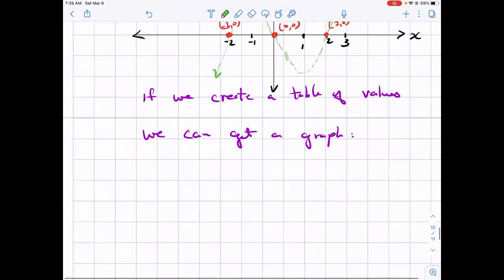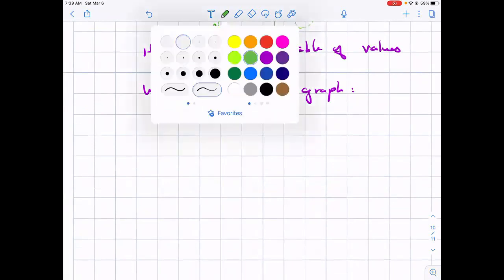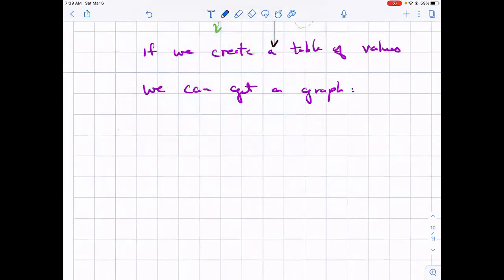So now let's look at symmetry, because symmetry is another way to help us, right? So we want to now look at symmetry. Symmetry also helps us.